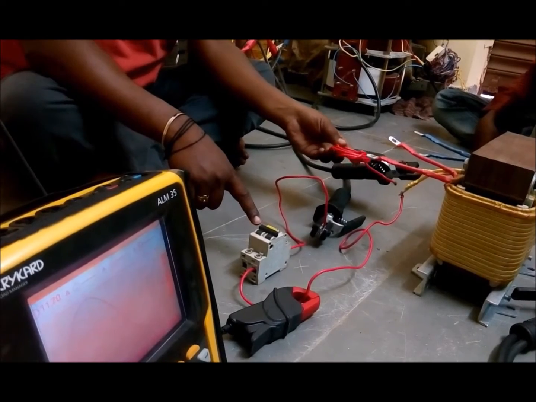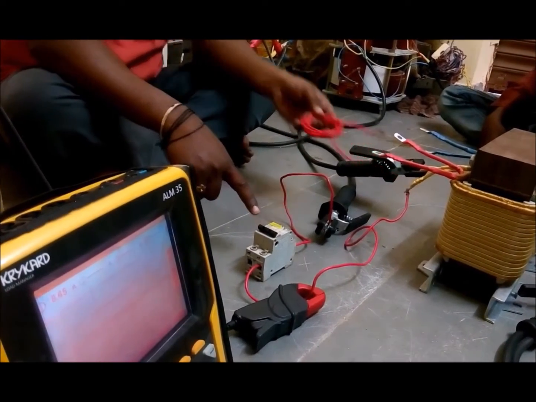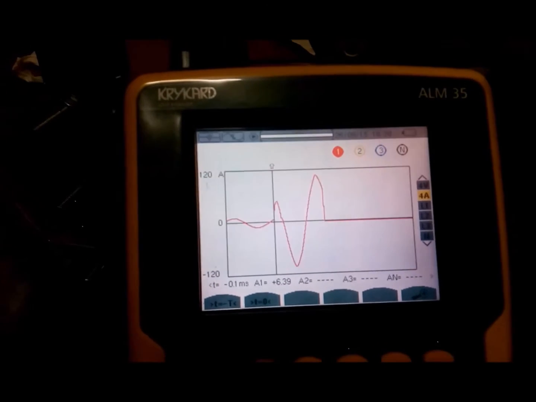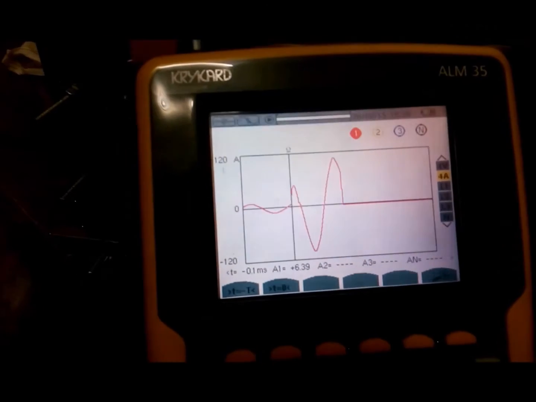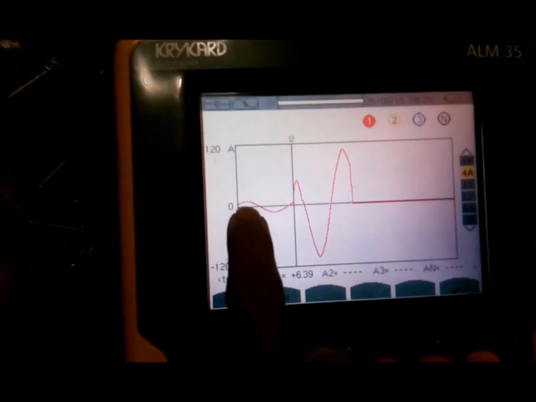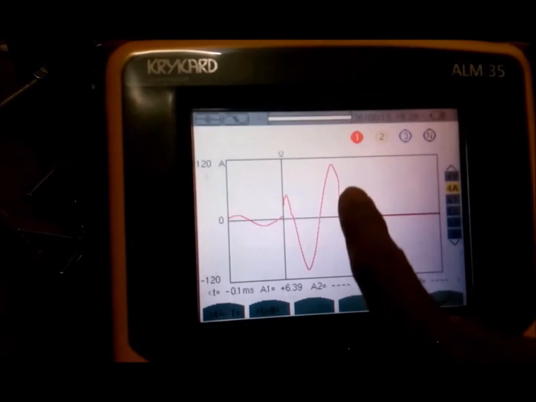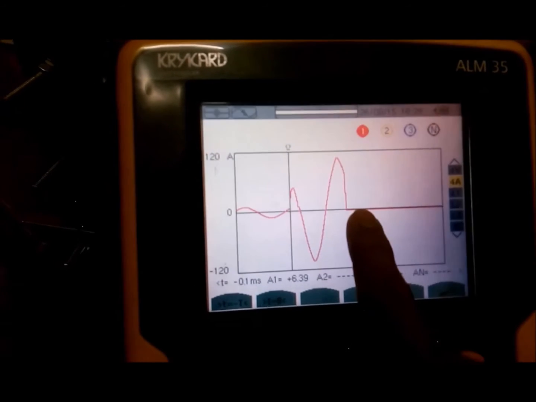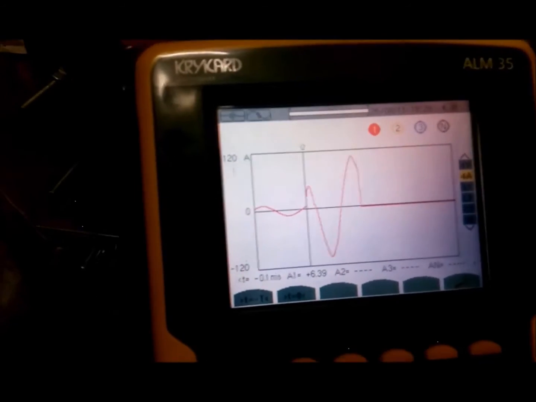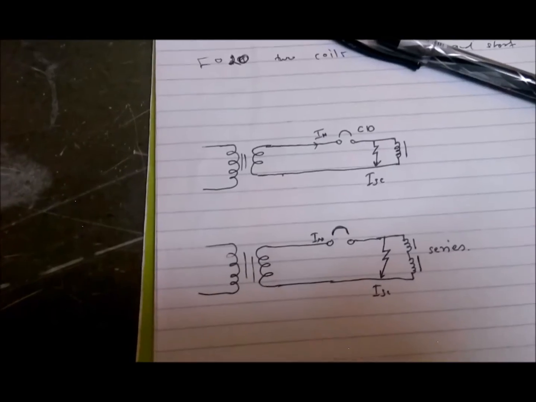Now we are shorting it, so now the MCB got tripped. Now this is the power analyzer image which has been captured during fault conditions. The first cycle, you can see, is the normal load condition, and the second cycle is the fault condition, where in the second cycle the MCB got tripped.